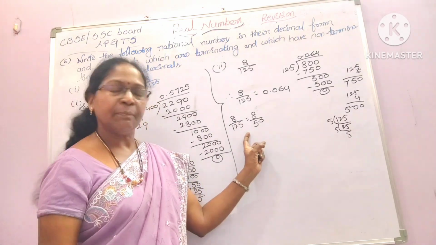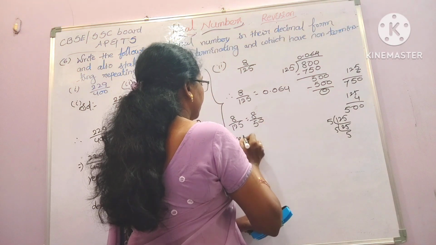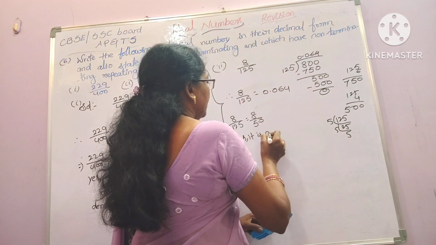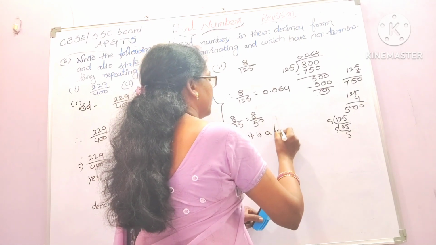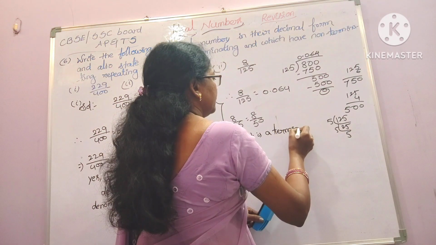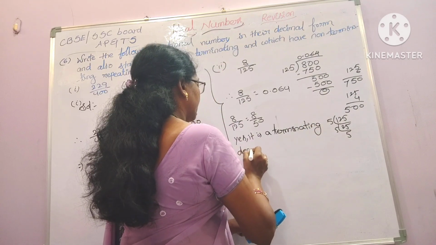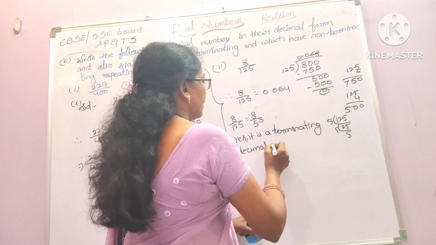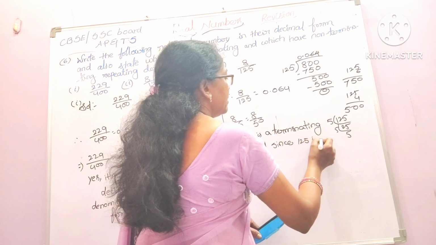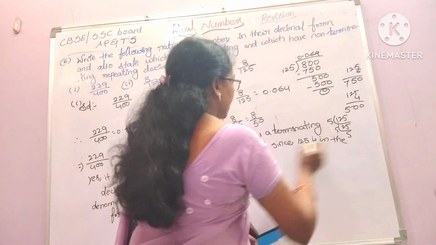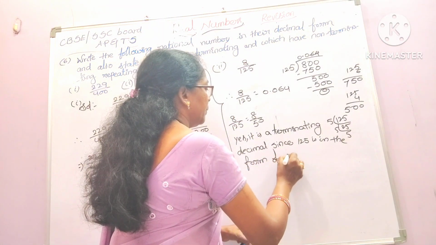Then you can simply say yes, it is a terminating decimal, since 125 is in the form of 5 to the power m.